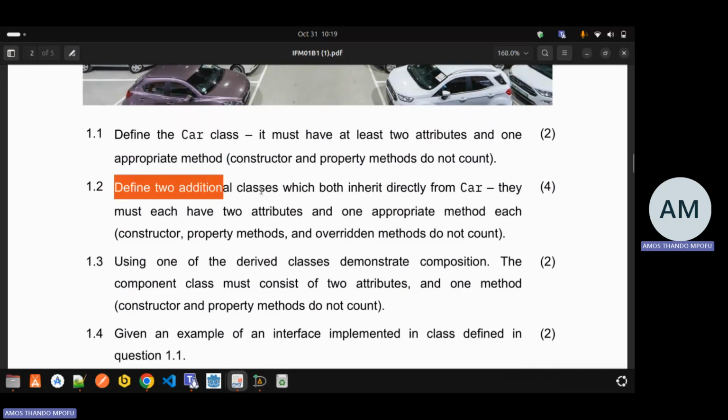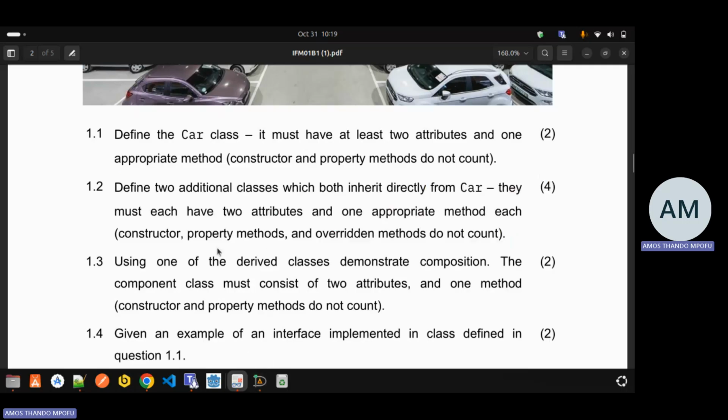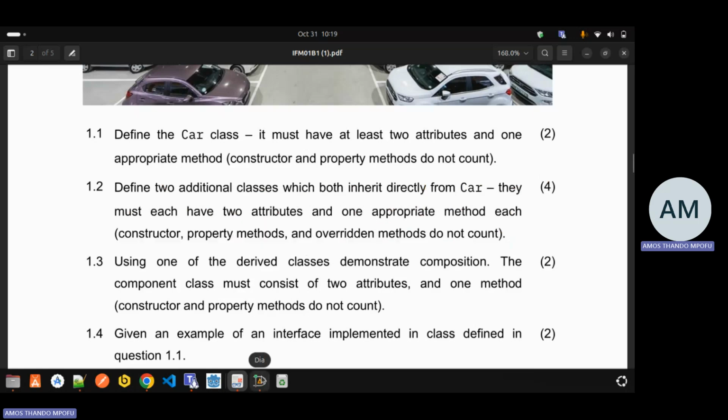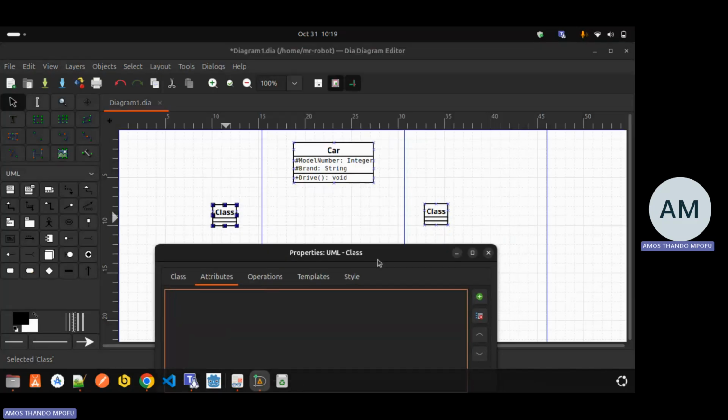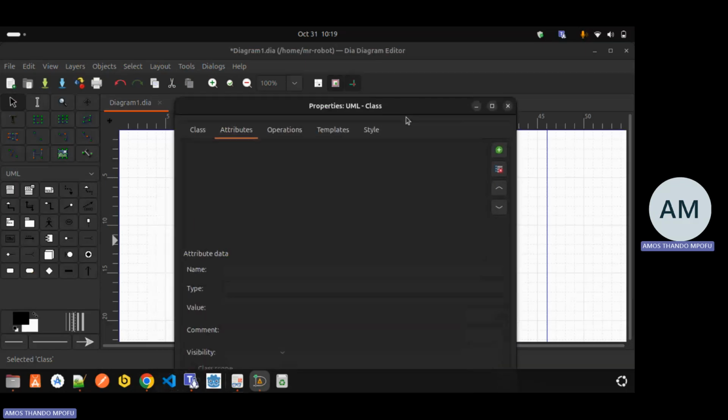So let me think. You need to create two additional classes, and then you pretty much do the same thing, right? And pay attention to the brackets. Constructor, property methods and overridden methods do not count. By overridden, it means the method inside the base class, this drive method, is irrelevant. Consider it non-existent.